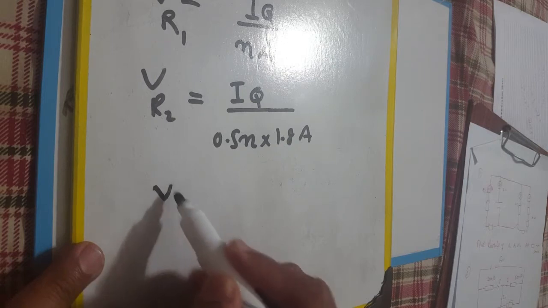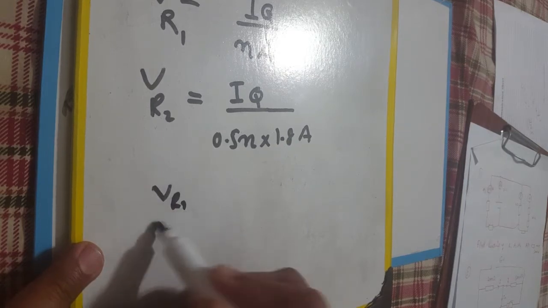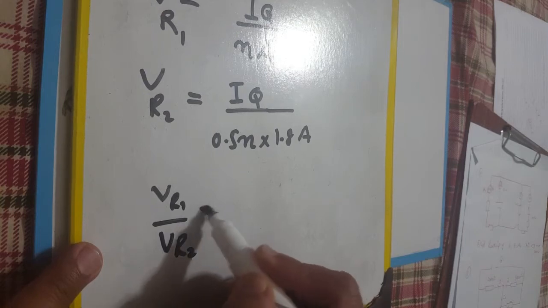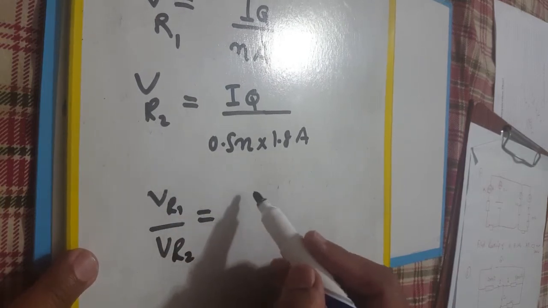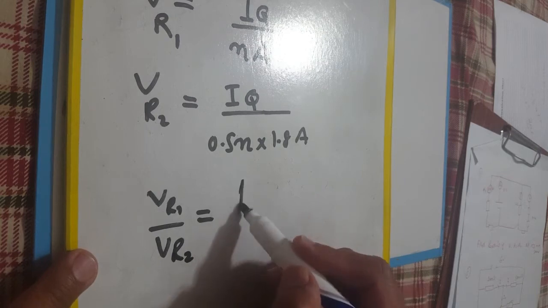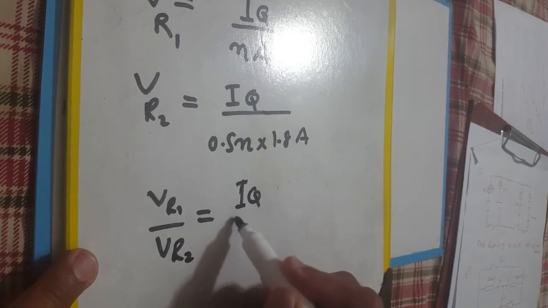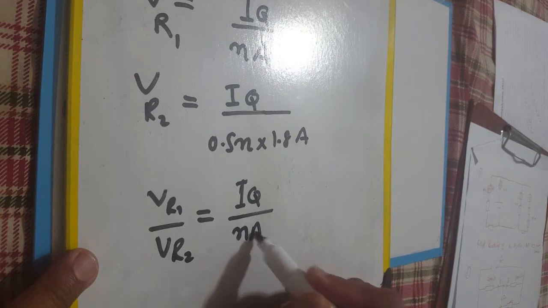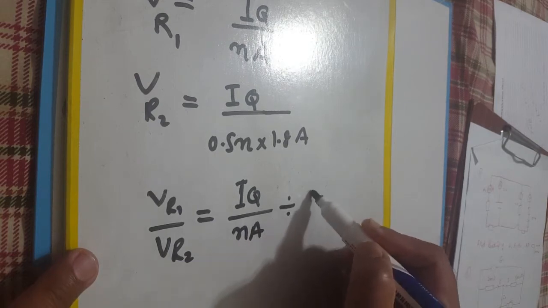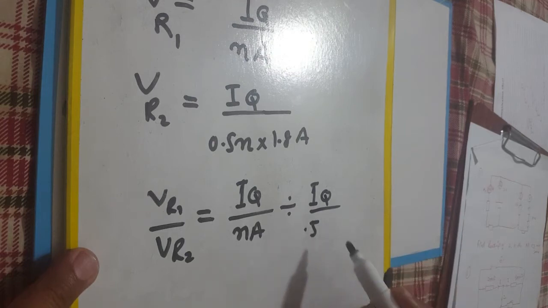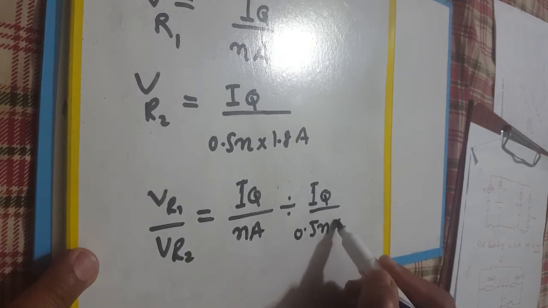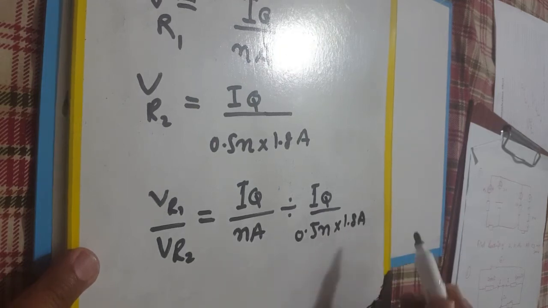So V R1 over V R2, drift velocities for R1 and R2. We put the values. I Q over N A divided by I Q over 0.5 N into 1.8 A.